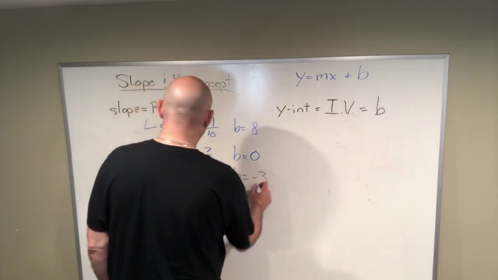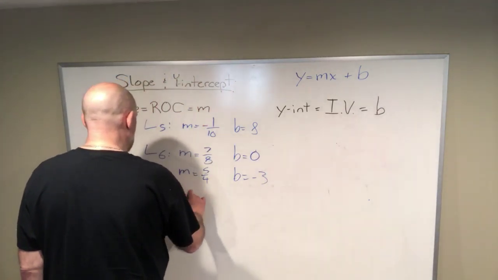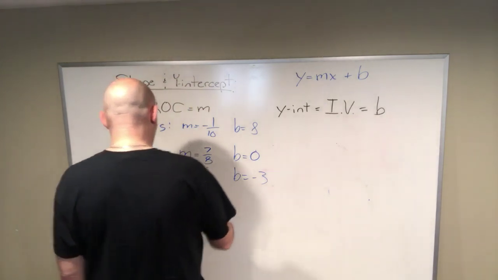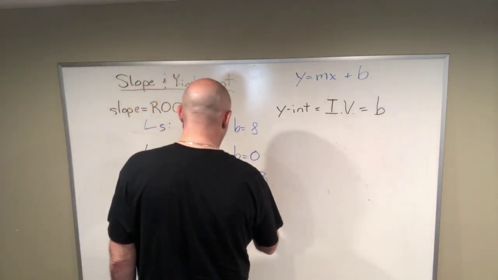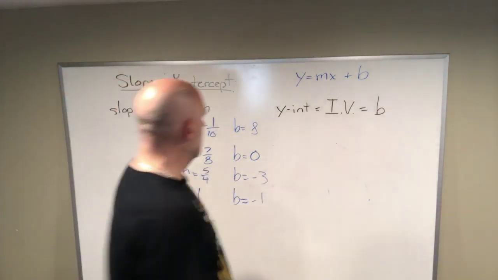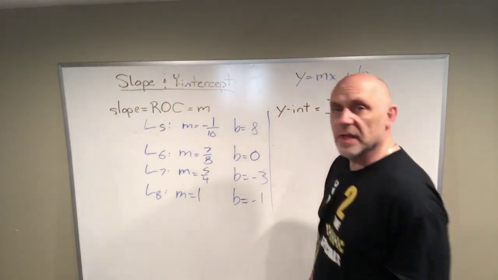B equals -3. L8, M equals 1. B equals -1. Let's do that. Okay, easy. Now, we want to come up, what are the equations?